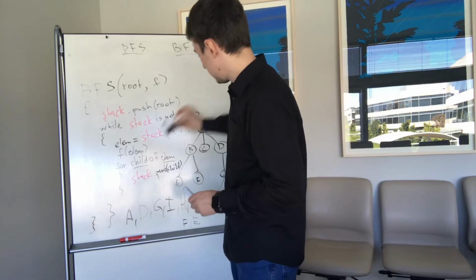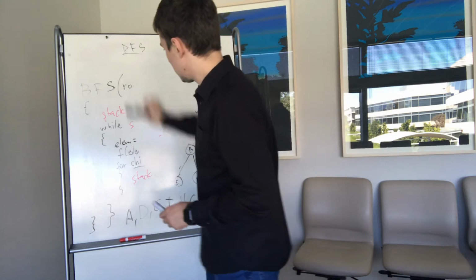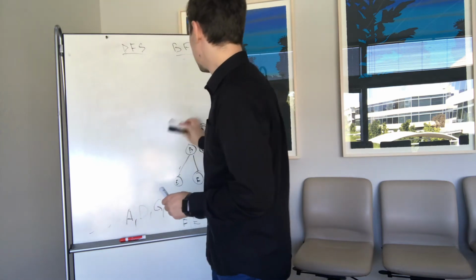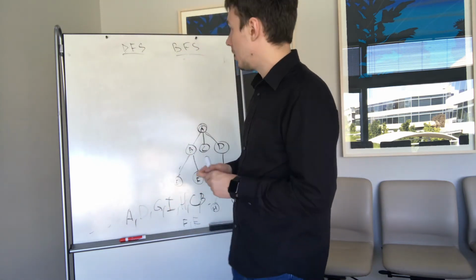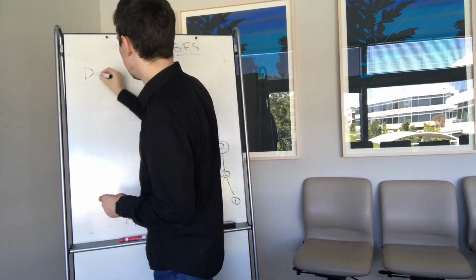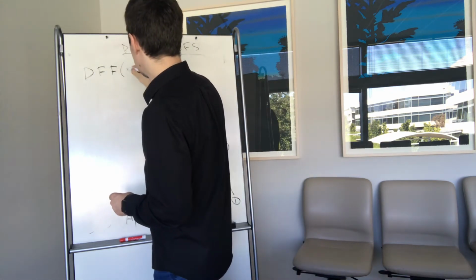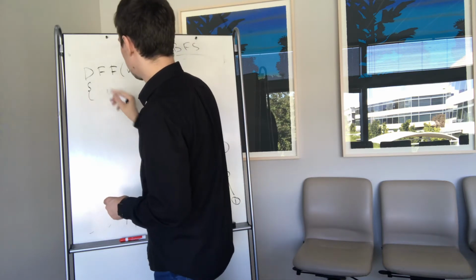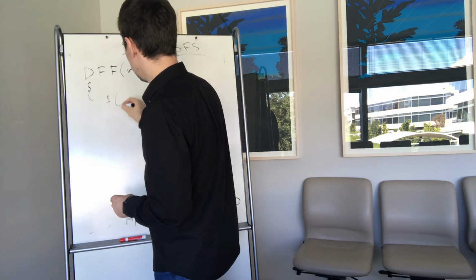Actually, as you may know, depth first search has a less complicated implementation, and it looks like this: DFS, root, F, F, root.